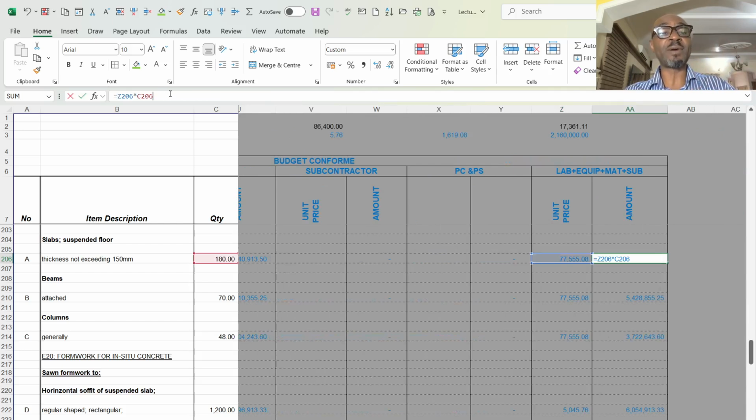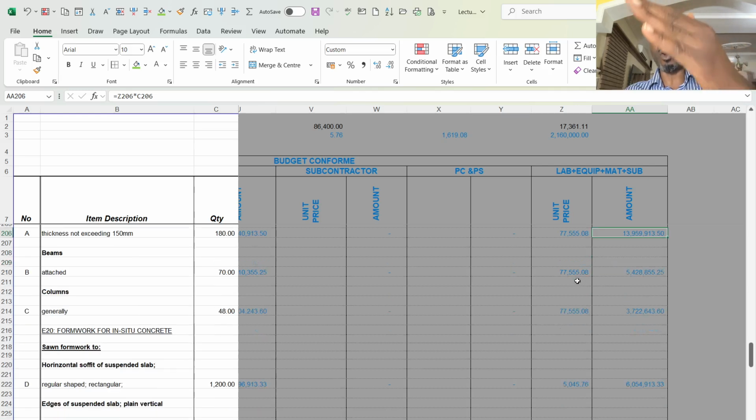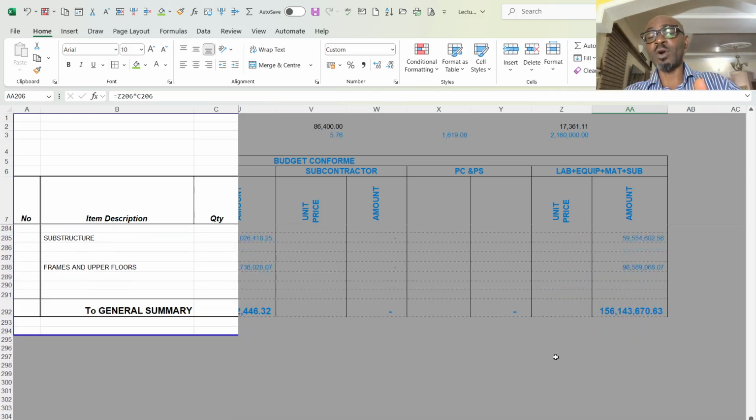Then multiply it by my 180, because this 4,550 plus the 73,000 gives me 77,550 naira per cubic meter. Multiply it to get 13,959,913.50 naira. So I did like that for all the items.